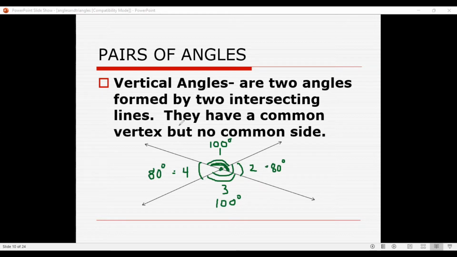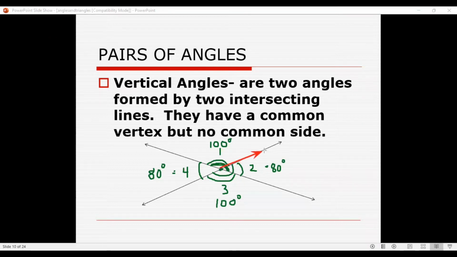Another condition: they have a common vertex but no common side. As you notice here, if you are considering your angle 1, we will have this side.